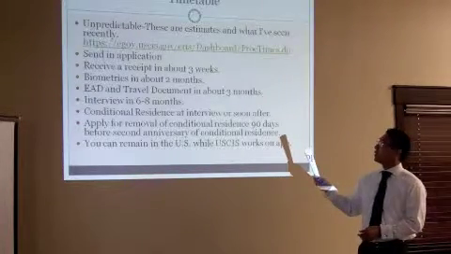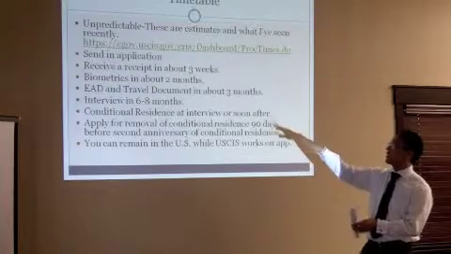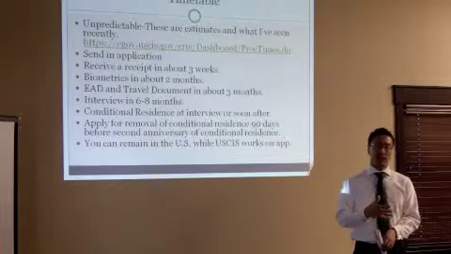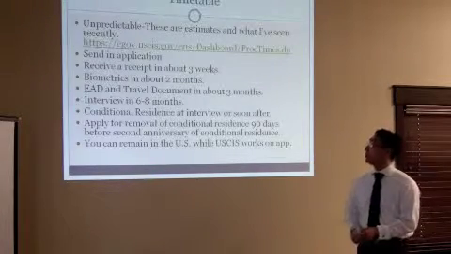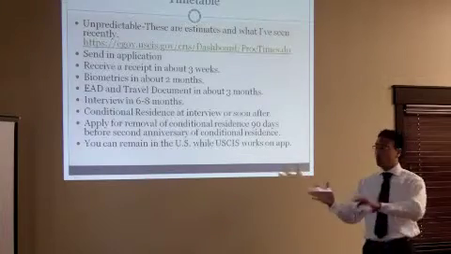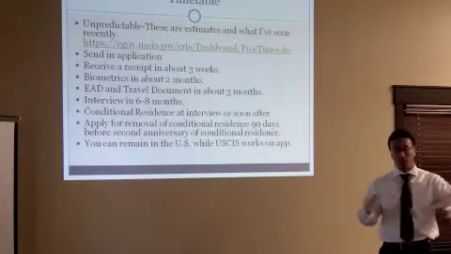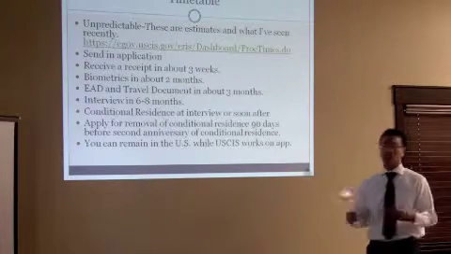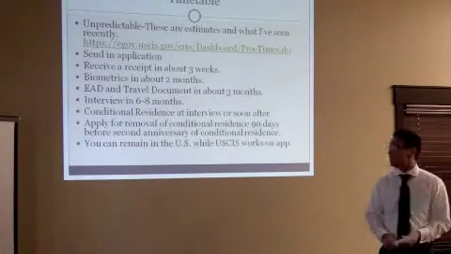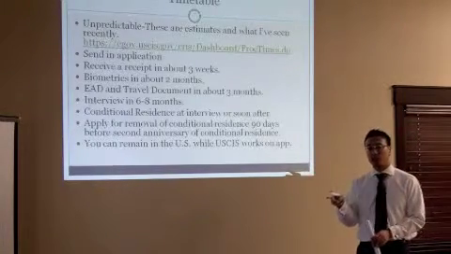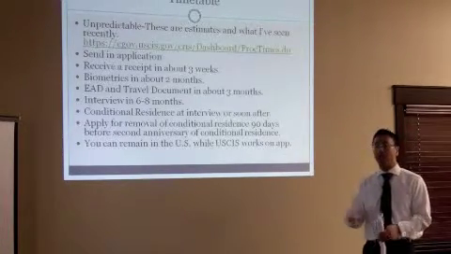Then you get your conditional residence at the interview, or within a few weeks you're sent the conditional residence, and then you have to apply to remove the conditional residence to become a permanent resident 90 days before the second anniversary of your conditional residence. Okay, so it's 2 years. After 2 years you apply for this, you will then become a permanent resident.